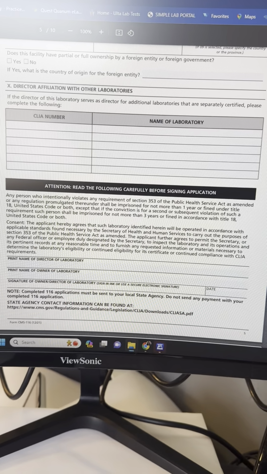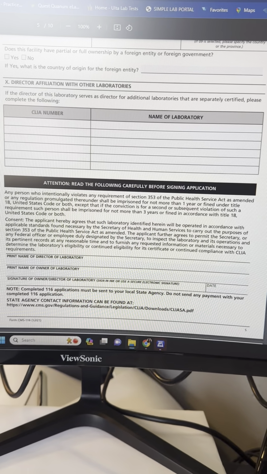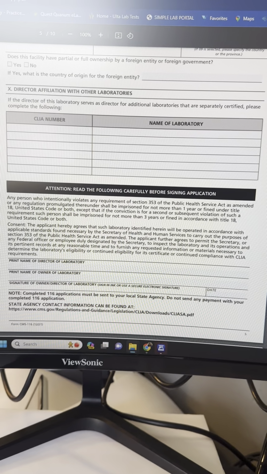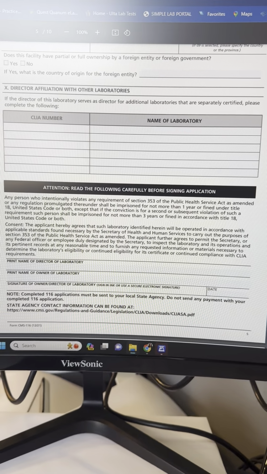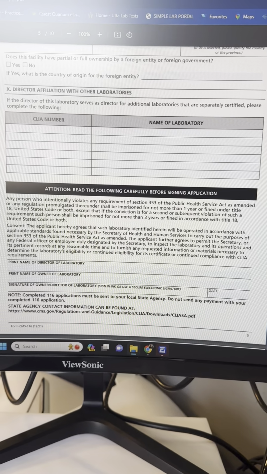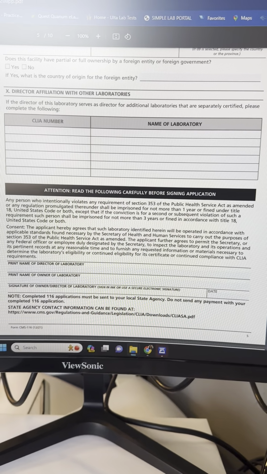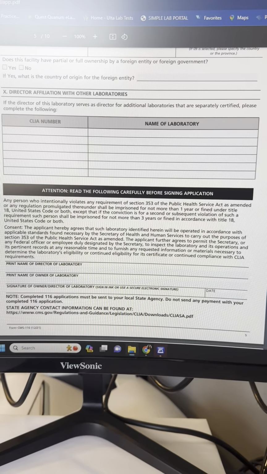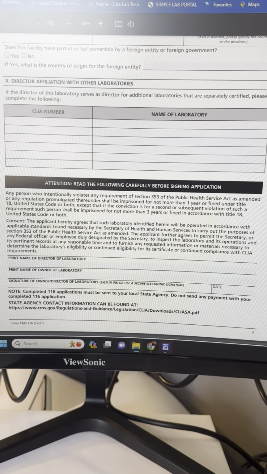So now, this pertains to other directors who have affiliation with other labs. There's a certain amount of labs directors can have their names on their paperwork. If this does pertain to your director, make sure you know how many laboratories they're affiliated with, what paperwork they're on, how many paperwork their name is on, because you could get denied.